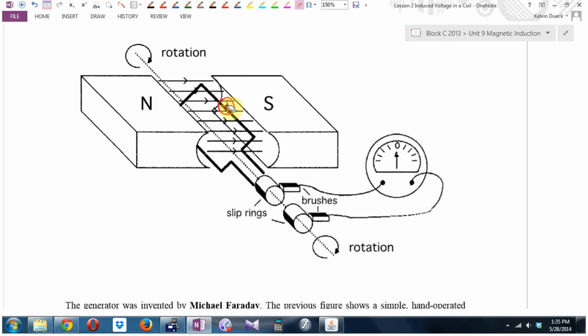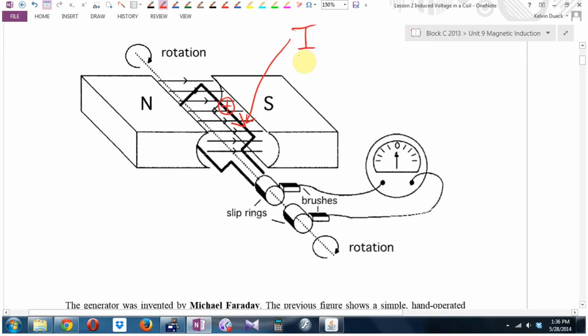To the right. So if this charge is moving downwards and the magnetic field is to the right, the charge will feel a force out of the page towards us. On the right-hand side, the current will flow that way.